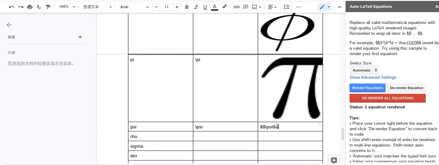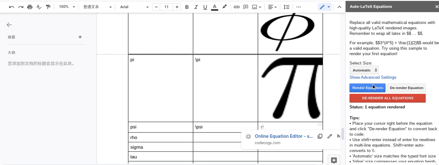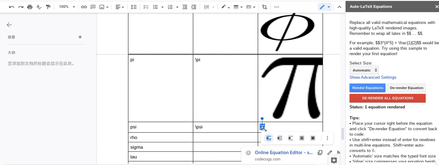Psi, right? So psi will also generate a very interesting symbol.